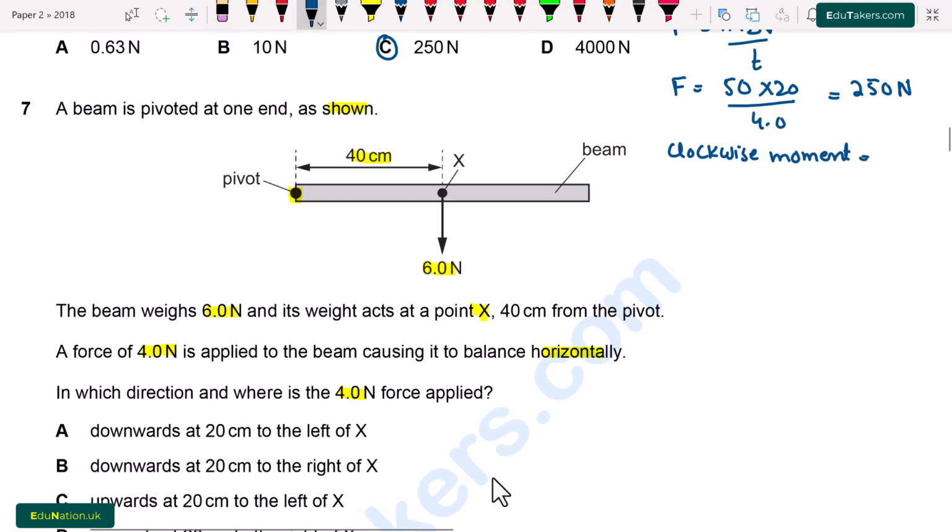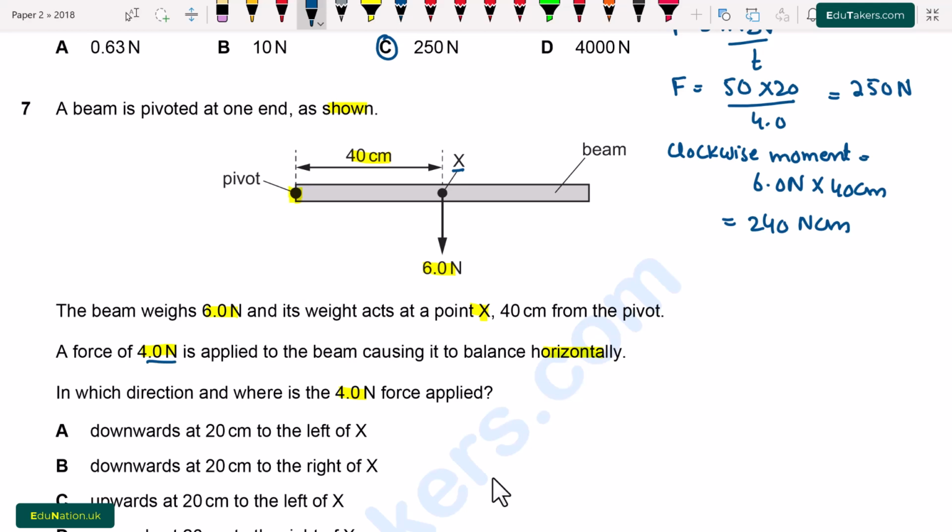The clockwise moment is basically caused by the weight that is at the point X. The force will be 6.0 Newton multiplied by distance, 40 centimeter. Clockwise moment will be equal to 240 Newton centimeter. In order to provide the counterclockwise moment, the 4.0 Newton force must be upward.